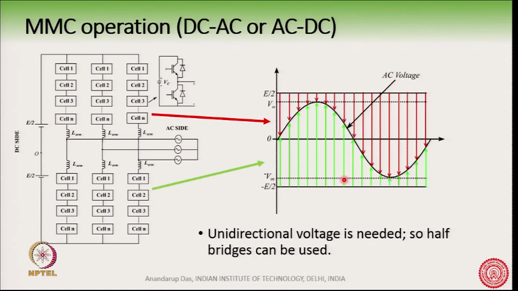We said that you can think of the converter both ways: you can think of an AC source present, and then you want to produce a DC, which is the rectifier mode of operation, or if you have a DC and you want to produce a variable AC, then it becomes an inverter mode of operation.